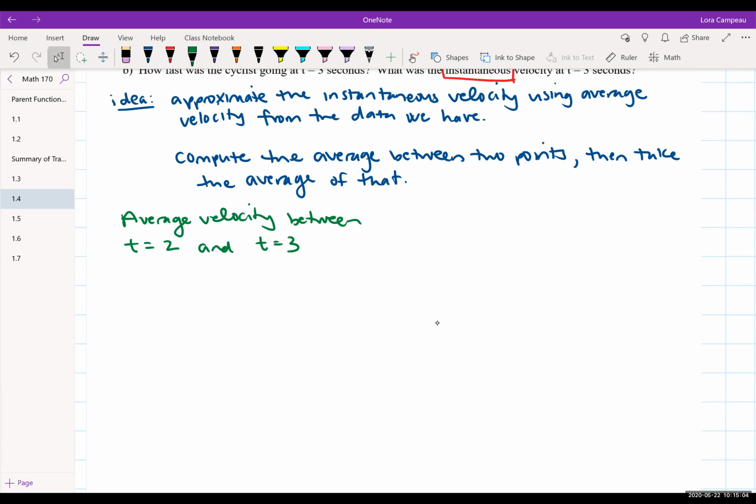So I'm going to look at distance divided by time. And if we're actually talking about what's happening between those 2 points, between the distance at 2 seconds and the time at 3 seconds, we're looking at 10.7, take away 5.1.